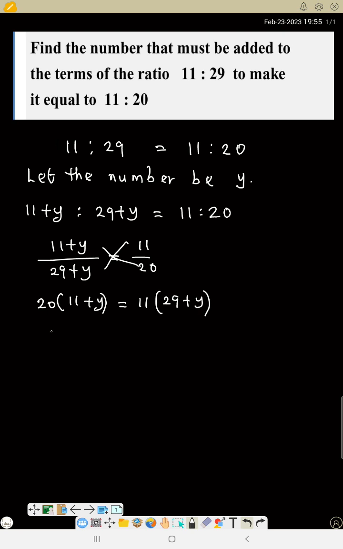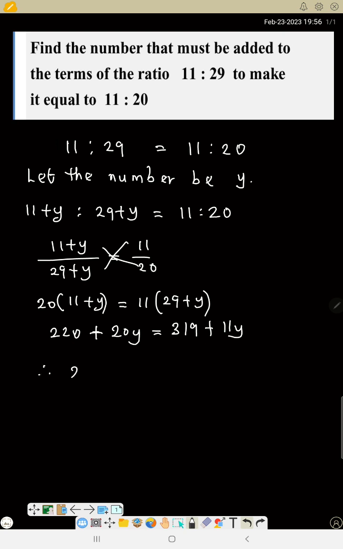So now expand, open the bracket. So 20 times 11 is 220, plus 20 times y, 20y, is equal to 29 times 11, that is 319, plus 11 times y, 11y. So now collect like terms.